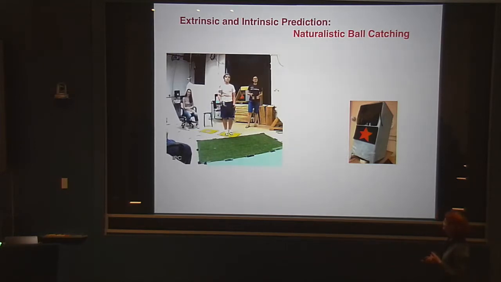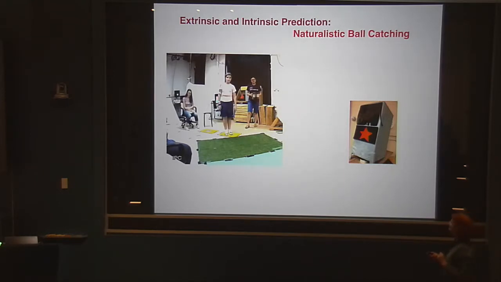As you can see, our child stands on a force plate and a ball gets launched towards them from a covered-up ping pong machine with that star, where they have to gaze at the star to guide their attention. Balls come with two different speeds and they catch.